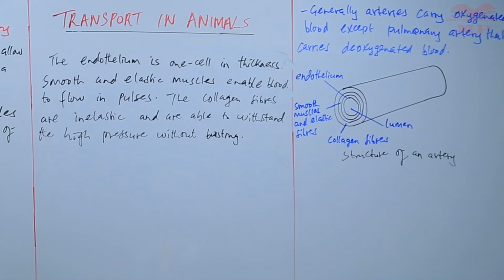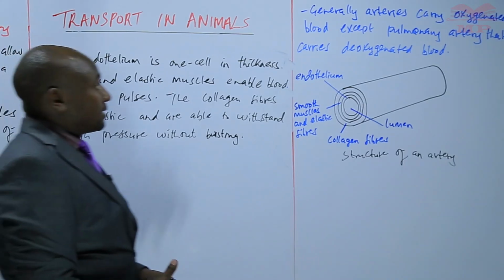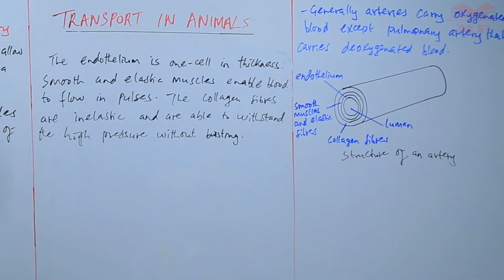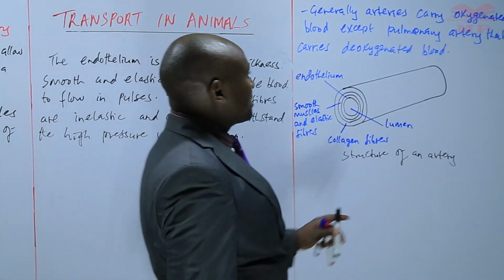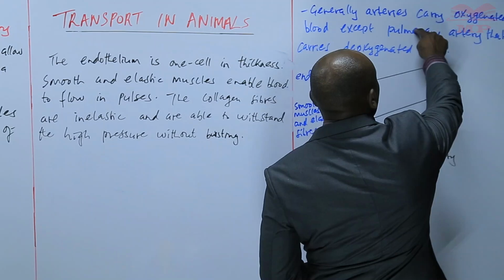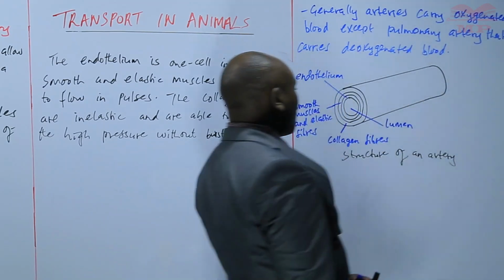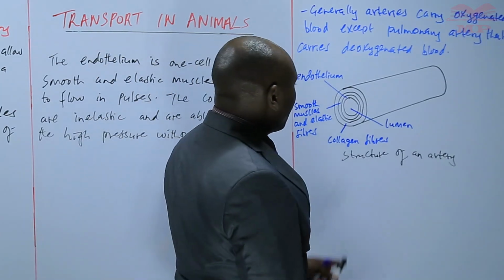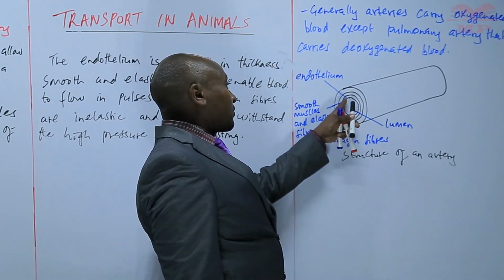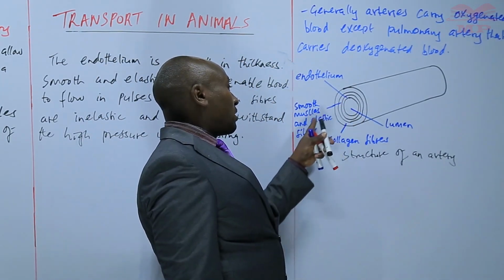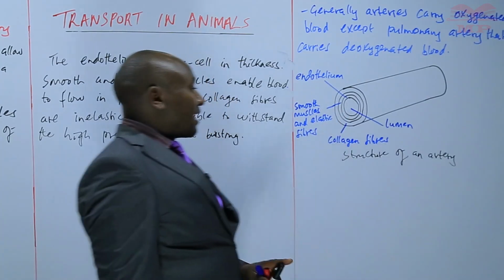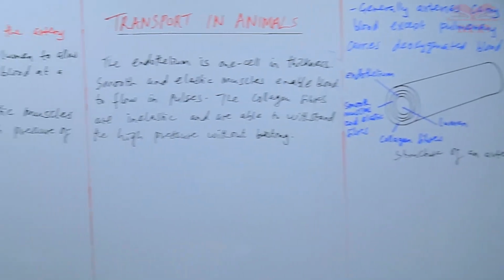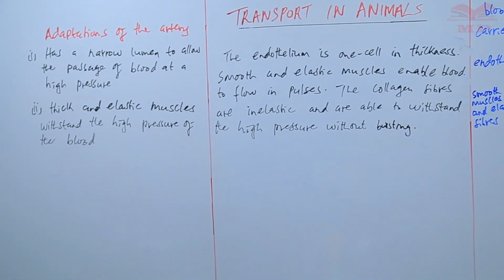So that is as far as the artery is concerned. We say that the arteries carry blood away from the heart. This blood is usually oxygenated, except the pulmonary artery that carries deoxygenated blood. We've also learned the structure of an artery, having a narrow lumen, an endothelium, smooth muscles and elastic fibers in the middle, and the collagen fibers outside. Then the adaptations of the artery to its function.